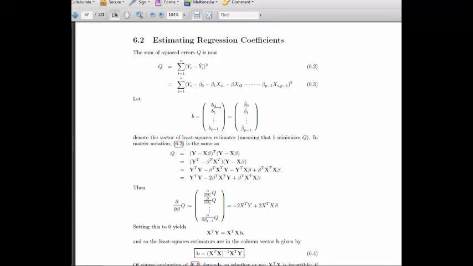So b naught is beta naught hat, and b1 is the same as beta 1 hat. So let's write down then, using matrix notation, our sum of squared errors.